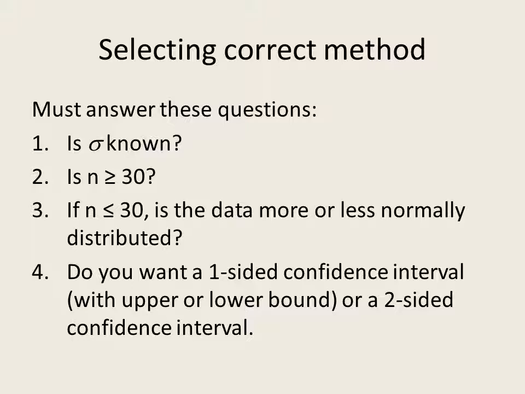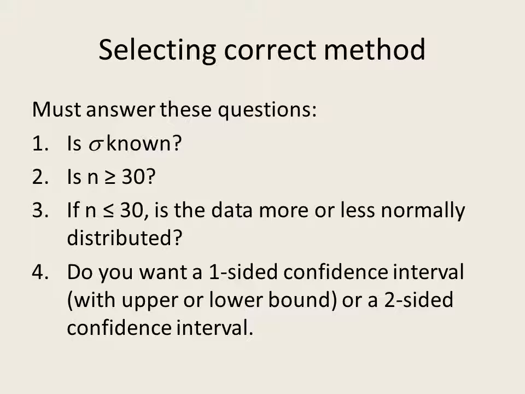So, now that we know all this, which method do you use? The fourth point is relatively straightforward. You either want the two-sided confidence interval or you want an upper or lower bound. In answer to the first question, if you are told that you know the standard deviation or know the variance, then you know sigma, in which case you should be using the z critical values and that first type of confidence interval that we described.